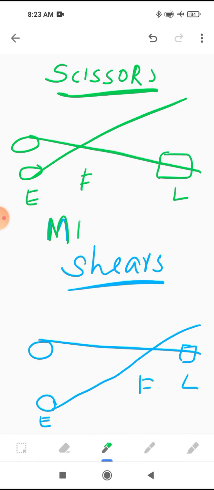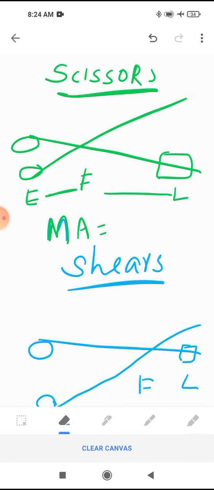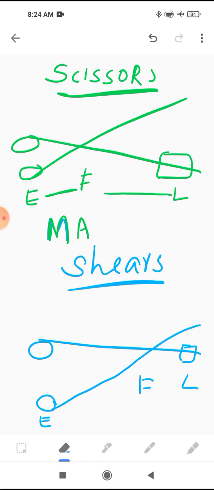Its MA is effort arm by load arm. Look, effort arm is shorter, load arm is greater. So MA will be less than 1. MA less than 1 means it is a speed multiplying machine.